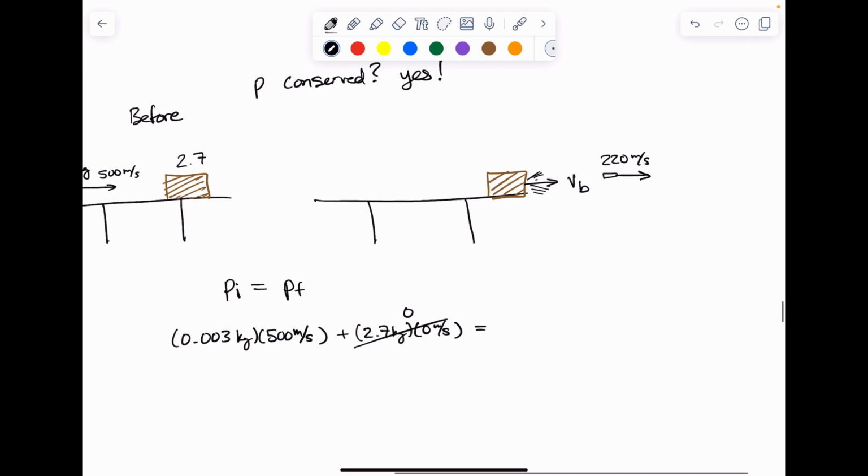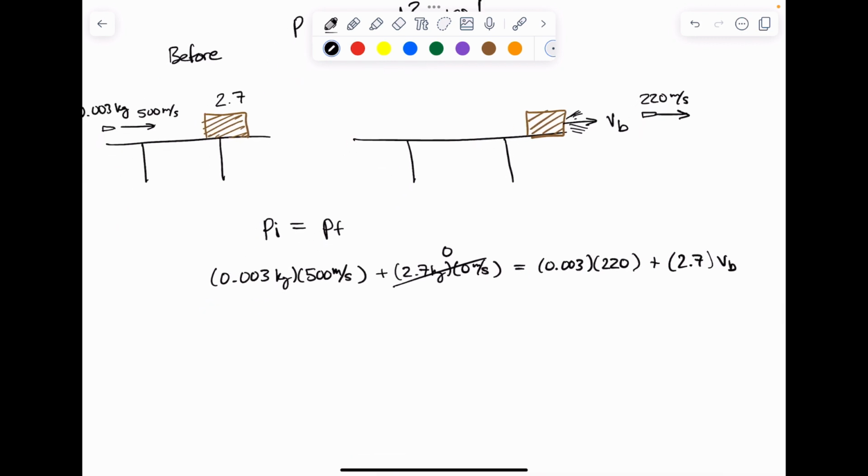Final momentum, we get the bullet, 0.003 times 220 meters per second plus 2.7 times mystery velocity VB.